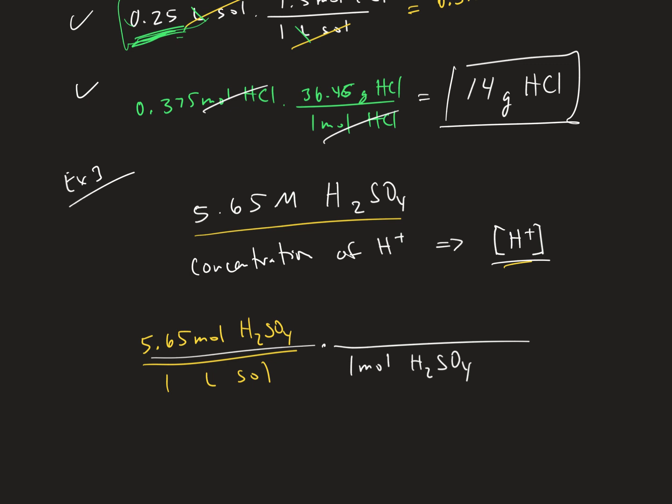It's real similar to the question we talked about before. How many? 2. 2 moles of H+. That goes away, and now we have moles per liter of H+. We're done. We took something that looked not too bad.